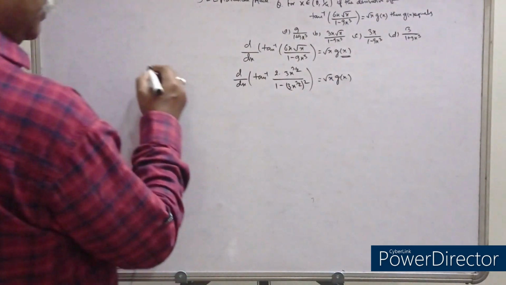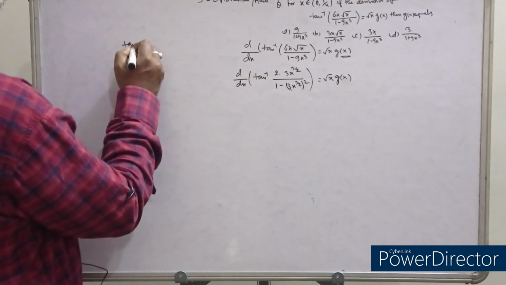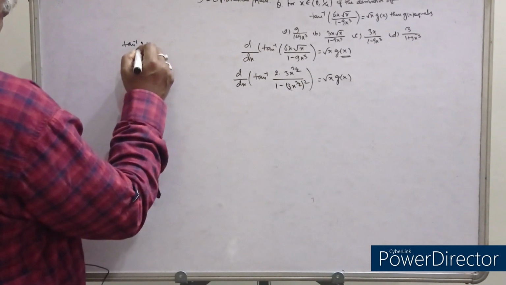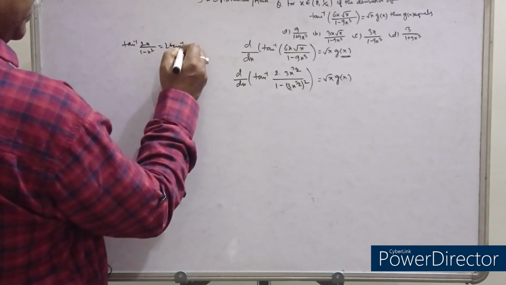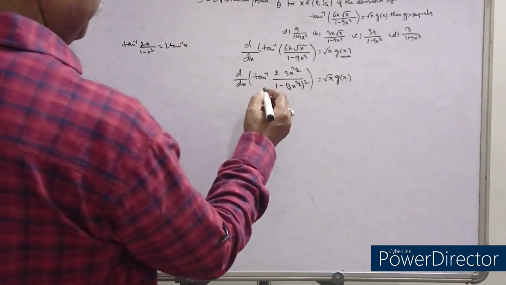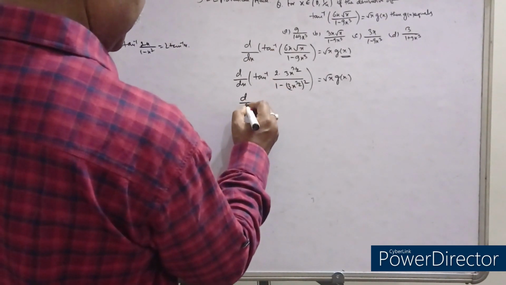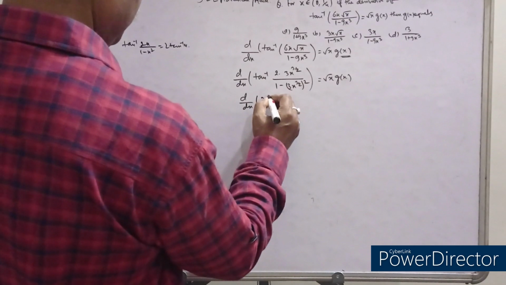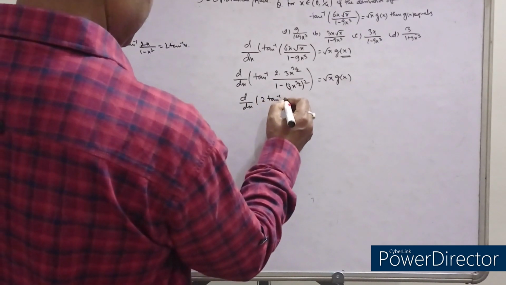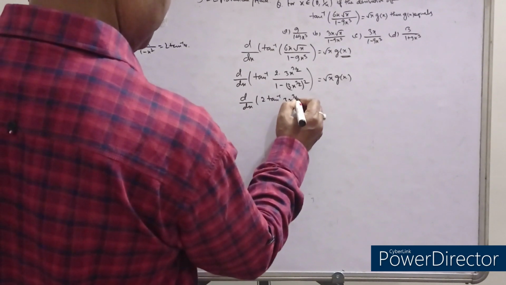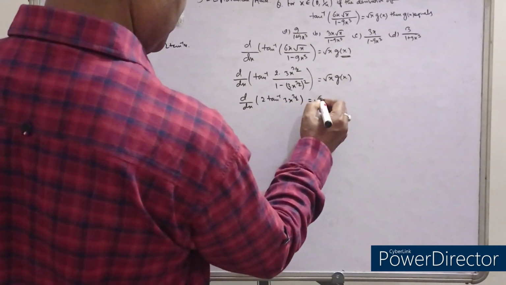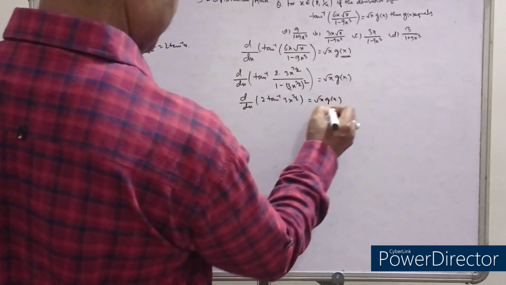Now this is the formula: tan inverse of 2x by 1 minus x square is equal to 2 tan inverse x. So here d by dx of this will be 2 tan inverse of 3 x to the power of 3 by 2, that is equal to root x g(x).